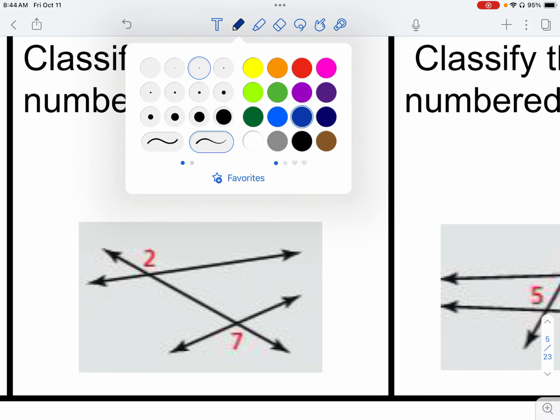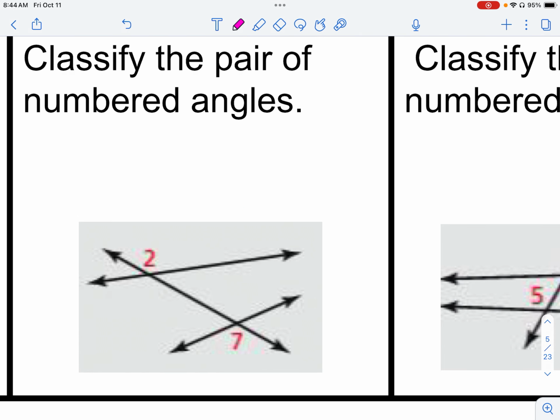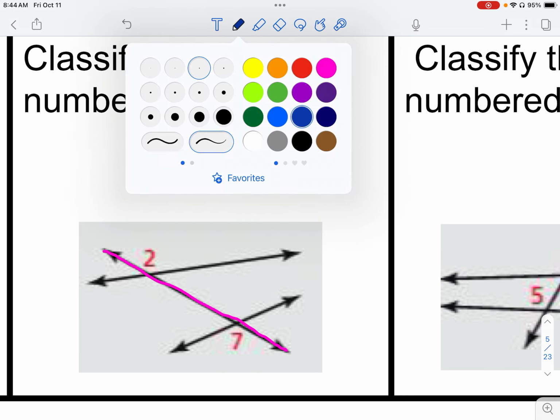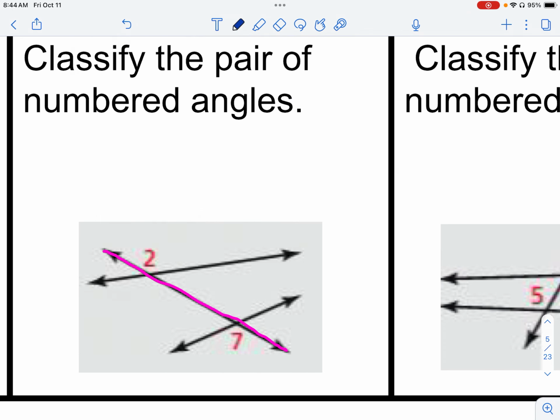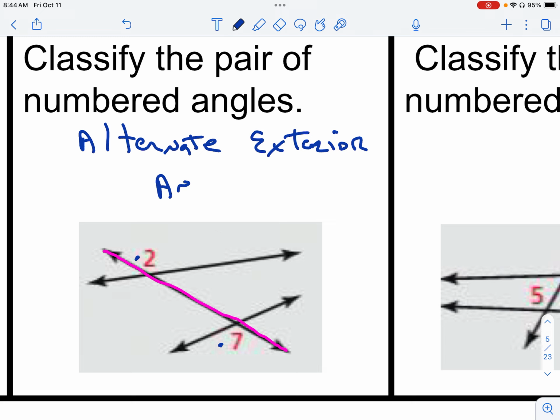Let's identify our transversal again. One line goes through 2. Okay. Let's see. Opposite side, so we know they alternate. And both outside the lines, so they are exterior angles.